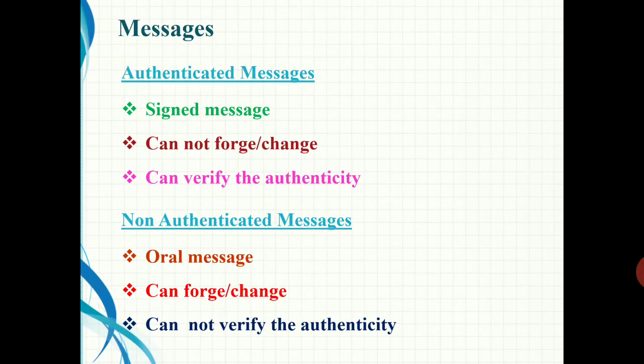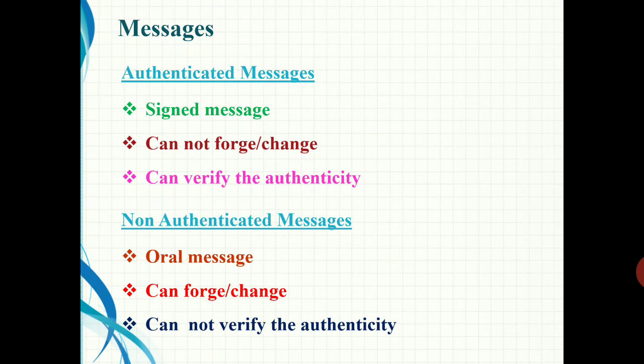Then come to the messages. To reach an agreement, the processes need to exchange their values by means of messages. They relay a received value to other processes. The two types of messages are authenticated messages and non-authenticated messages.